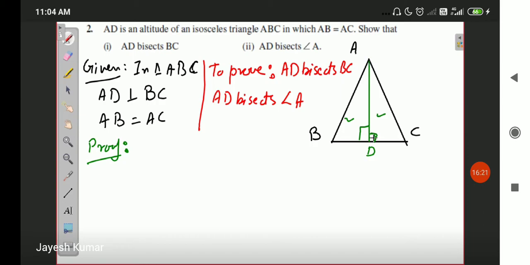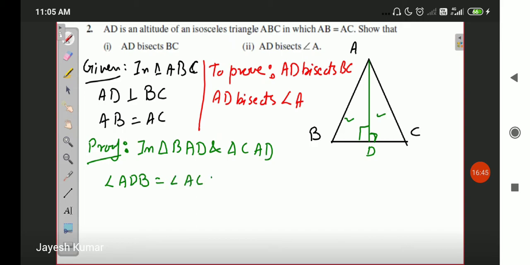So in triangle BAD and triangle CAD, in both of these triangles, angle ADB is equal to angle ADC. Why so? Because both of their values are equal to 90 degrees. How can I say that? Because AD is perpendicular to BC.